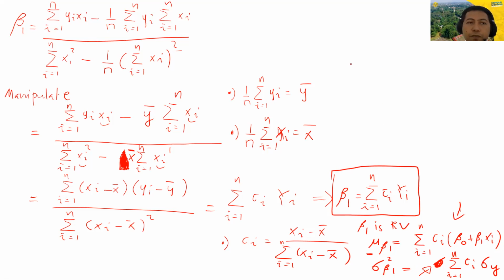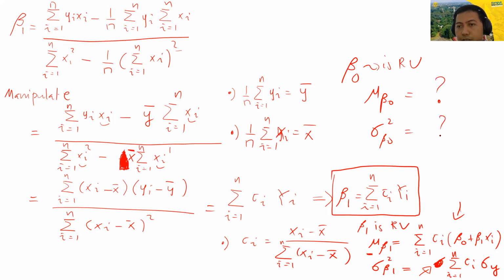And you can prove for beta 0 as a random variable has a mu beta 0 and standard deviation beta 0. How to express this one? You can combine with the assignment, the last assignment. So this is assignment 2.